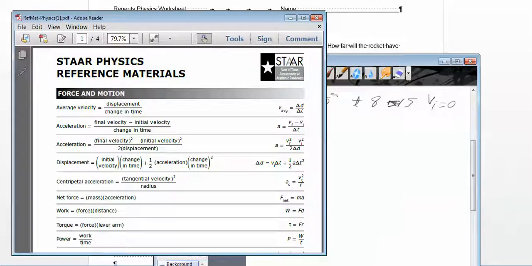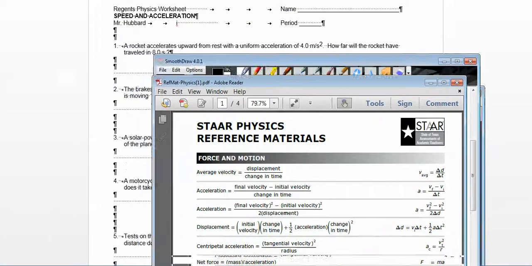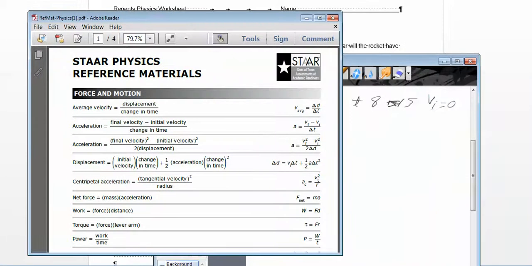Notice I'm looking at the formulas, but if you read the words, what we're doing is trying to match the words in the problem with the words here.